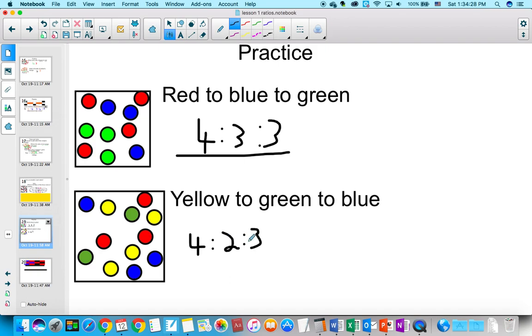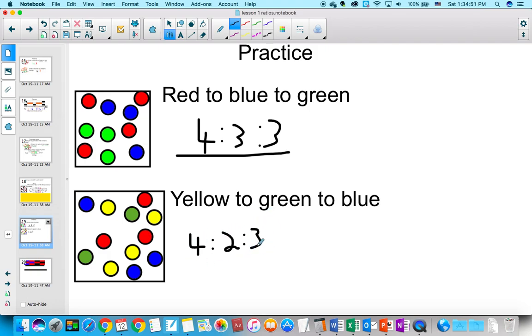But can I divide 3 by 2? No, not unless I wanted to keep a decimal. If I didn't want to keep a whole number, I could divide it by 2 to get 1.5, but I want to keep my whole numbers, right? So 4 to 2 to 3, I can't simplify this because 3 cannot divide by a number that 2 and 4 can.